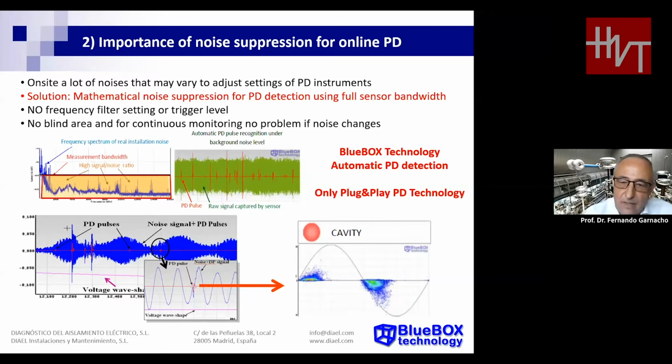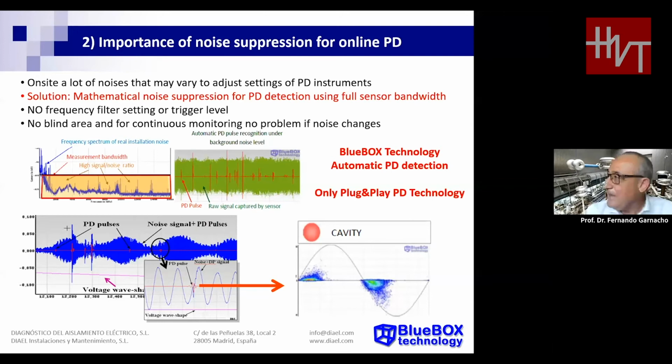How does it work? It is on the basis of the wavelet transform plus several mathematical, statistical algorithms in order to carry out the automatic measurements, removing the noise. The wavelet transform can identify pulses and can discriminate noise from the pulses.